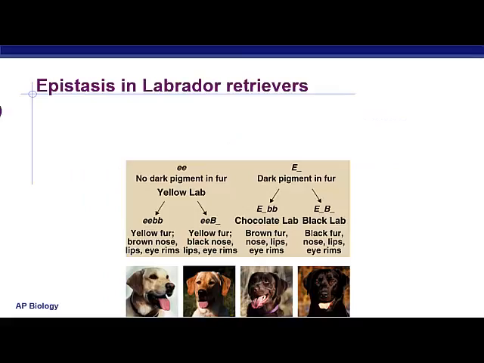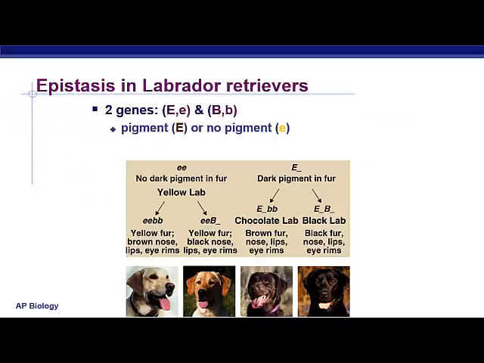All right. So we have two genes, E and B. E determines whether or not you express your coat color. B determines what coat color you have. Okay? So follow me on this one.